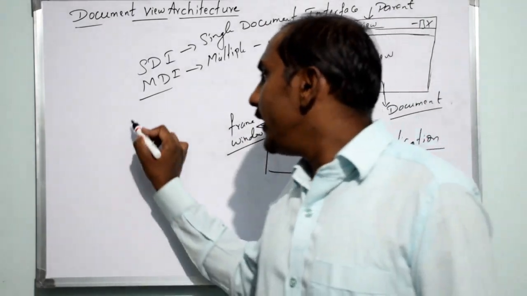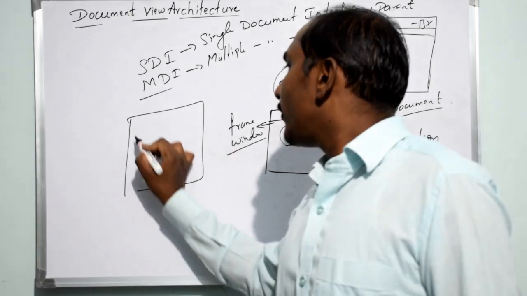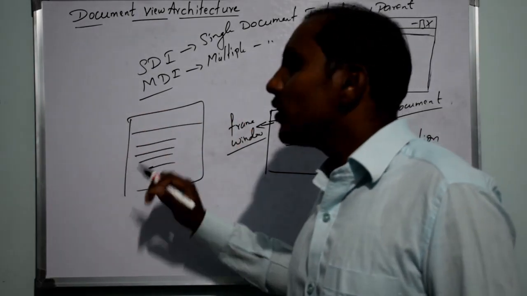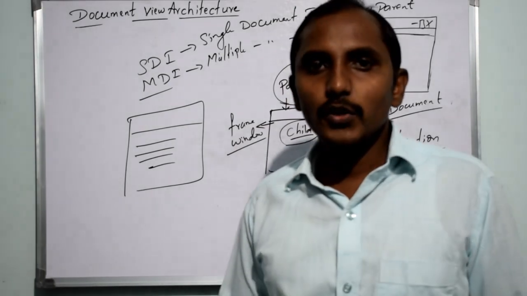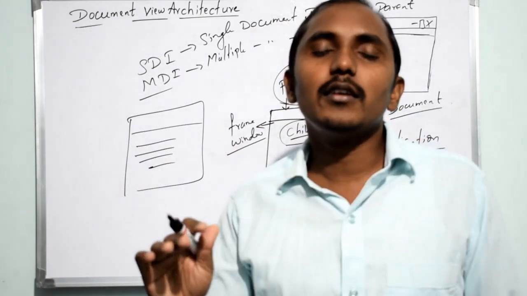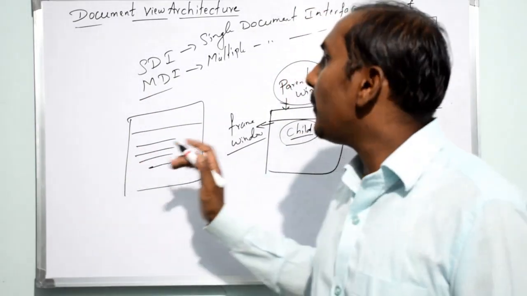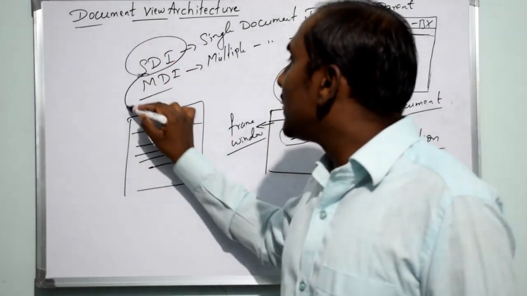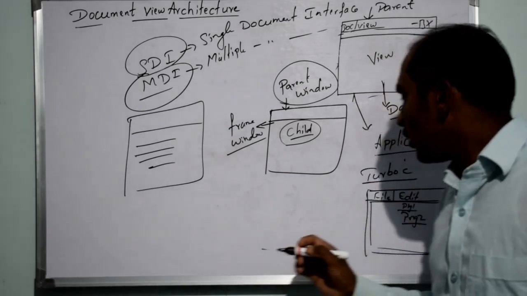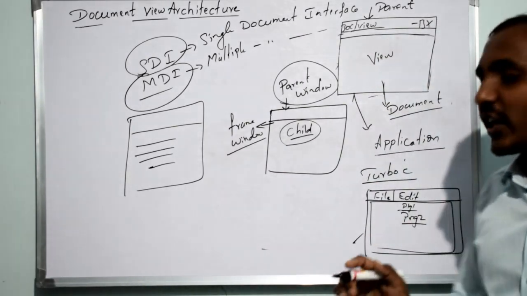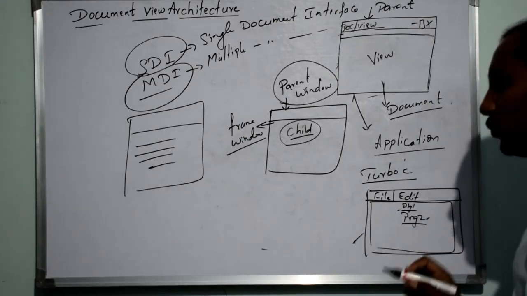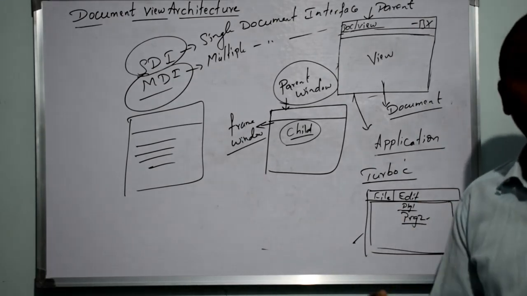So you have an interface, and whatever information you type in that interface is a single file. You cannot see two files in Notepad, because that application shows only a single document. Multiple document is like Turbo C, where you can see program 1 as one separate document and program 2 as a separate file.